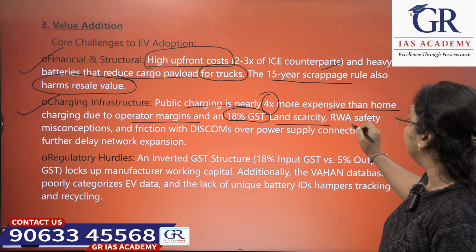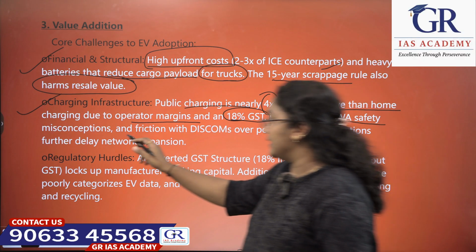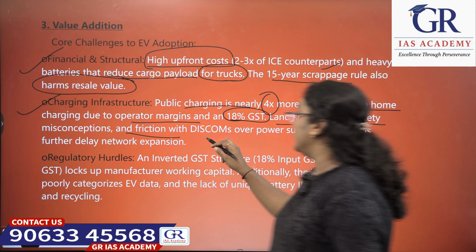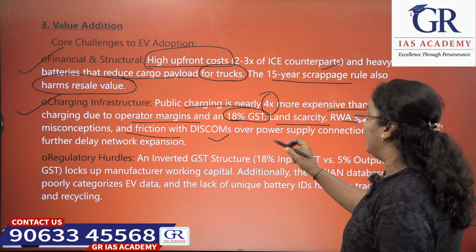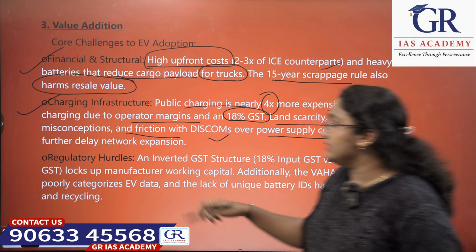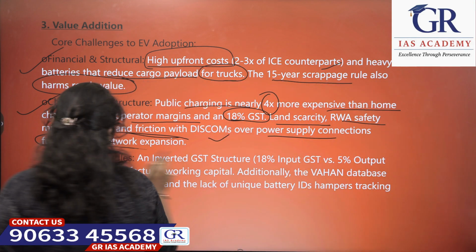Then land scarcity, RWA safety misconceptions, and friction with distributors over power supply connections further delay network expansion.